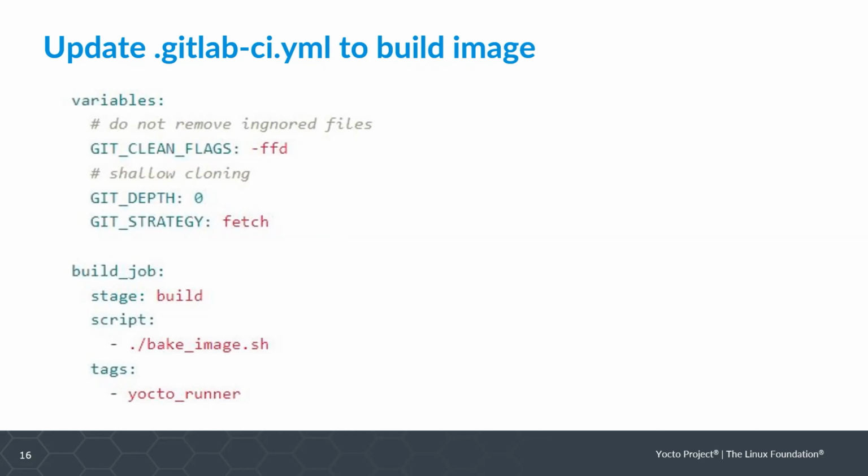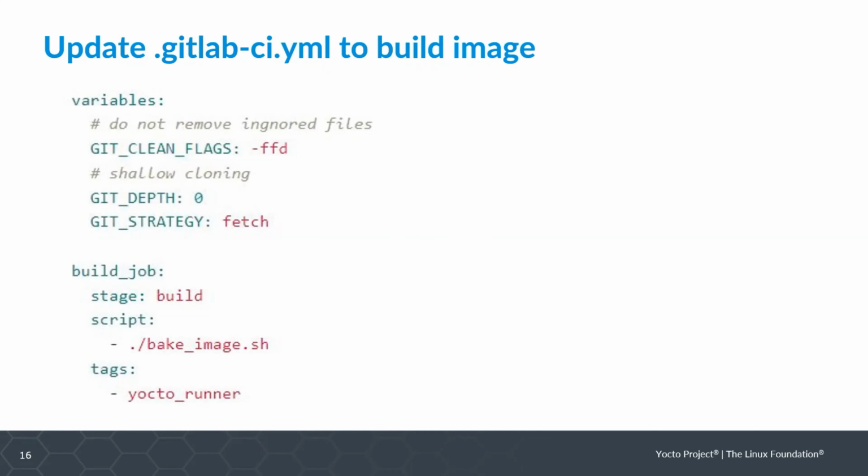So there are flags here that I have that basically allow you to put a git ignore, and you can ignore things like your sstate or your downloads, so those won't get cleaned out.